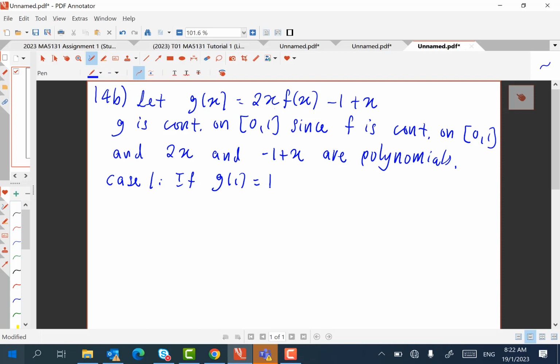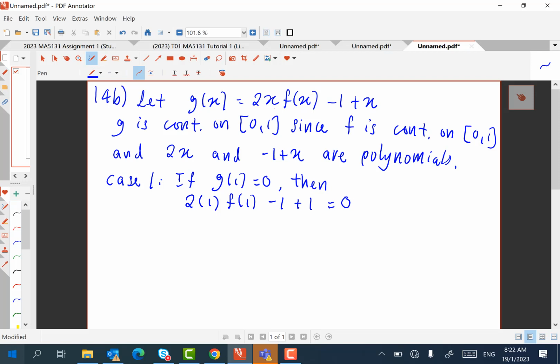If g(1) is equal to 1, then 2 times 1 times f(1) minus 1 plus 1 is equal to, okay, I think 0. Okay, 0. If g(1) is equal to 0.